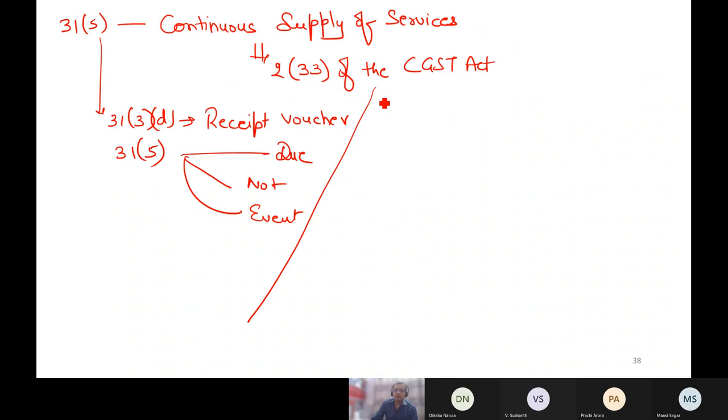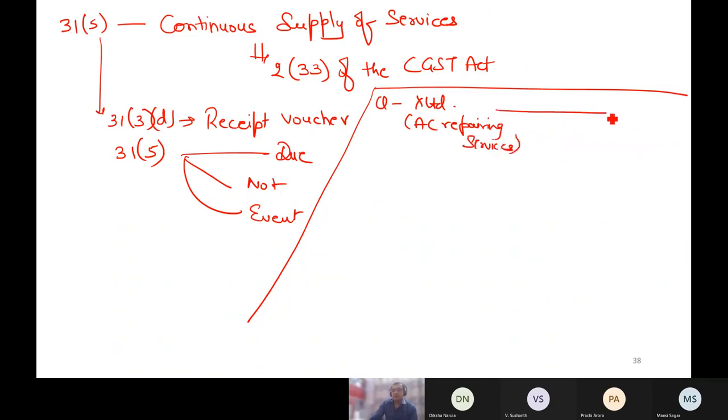Now, the example I want to give you is that X Limited, an AC repairing services supplier, has taken a contract of annual maintenance, AMC, of ACs installed in Y Limited's office premises.